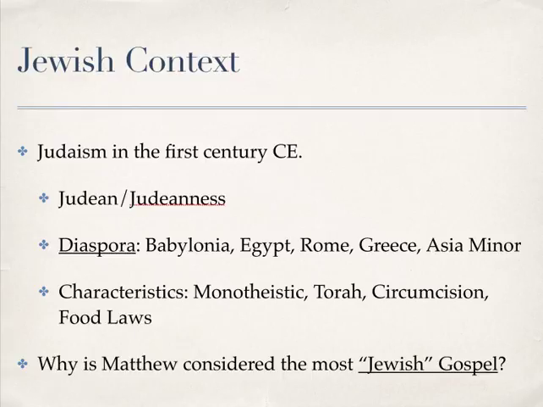Hear, O Israel, the Lord our God, the Lord is one. So this is a declaration of one God, which would have put them at odds with almost every culture around them, because Greeks and Romans and Persians and Egyptians were all polytheistic, and they believed in many gods. Judeans claimed that there was only one God, and that one God was their God.